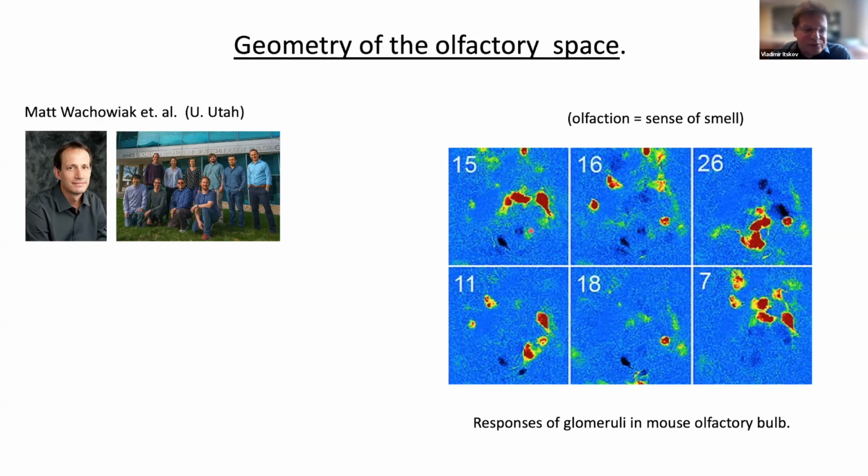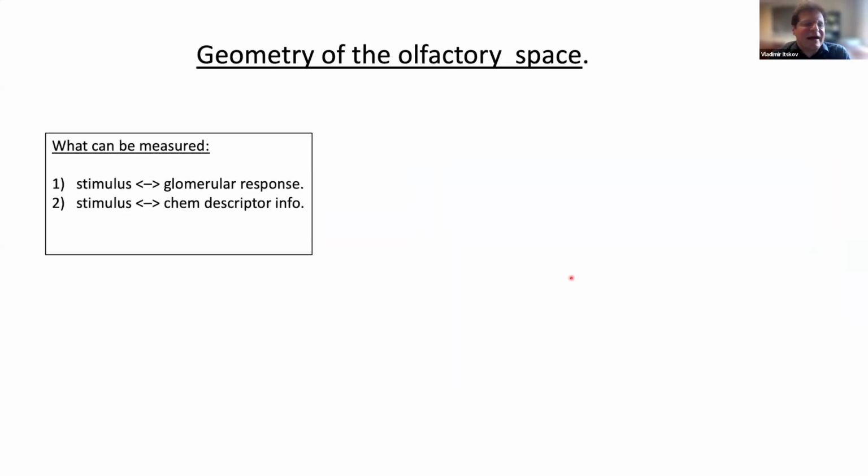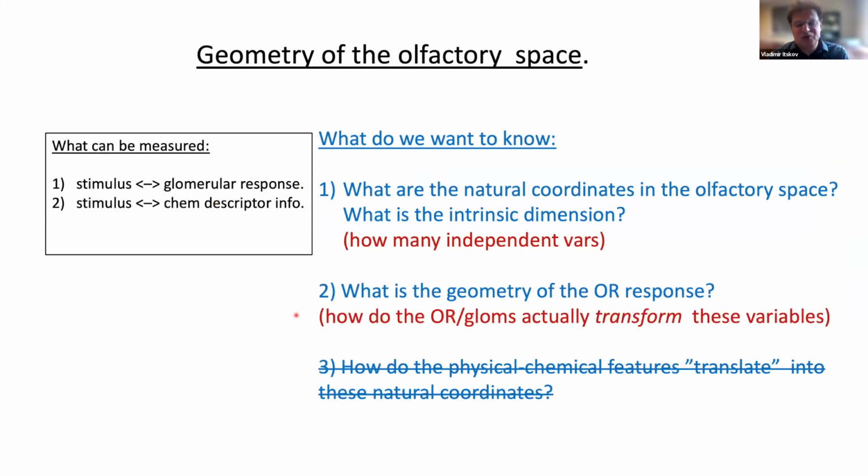And what people can measure is this response map. So basically, you present whatever odorants, and you receive olfactory responses. And again, we can measure stimulus glomerular response. Of course, you can measure the chemical descriptions, which we actually won't use. So what do we want to know? We want to know what are the natural coordinates on the olfactory space.